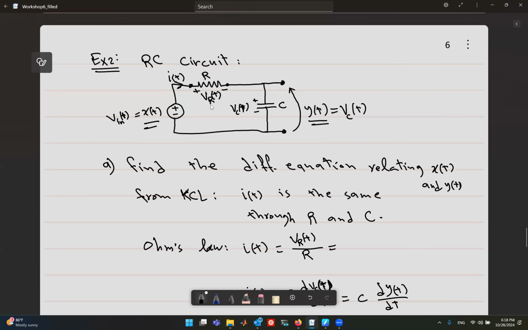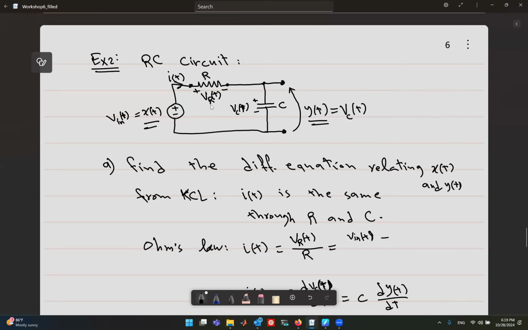The voltage at this point is vn itself. So vn(t) minus the voltage at this point, which is the voltage across the capacitor, because this is a ground, this has 0 voltage.